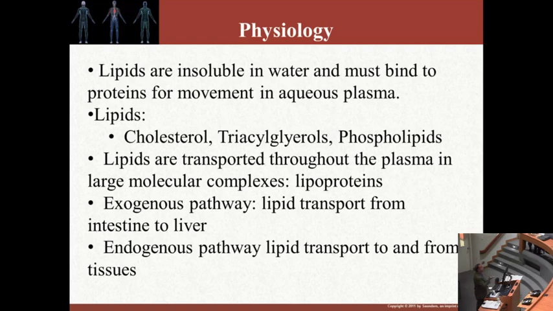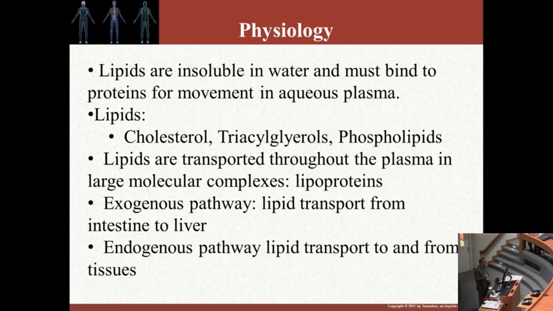Well, we know that chemically they're insoluble in water, right? The blood is more of an aqueous type of environment, so these lipids have to bind to something. They have to bind to carrier molecules called proteins, and that's what propels them through the blood plasma. Typically, when we talk about lipids in the biochemical sense, we're referring to cholesterol, triacylglycerols, and phospholipids.